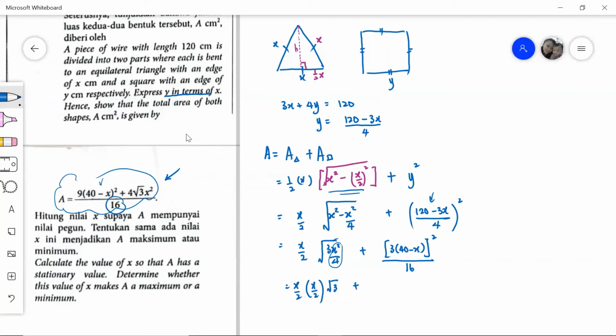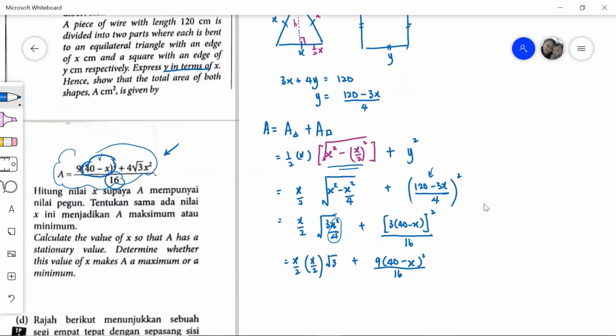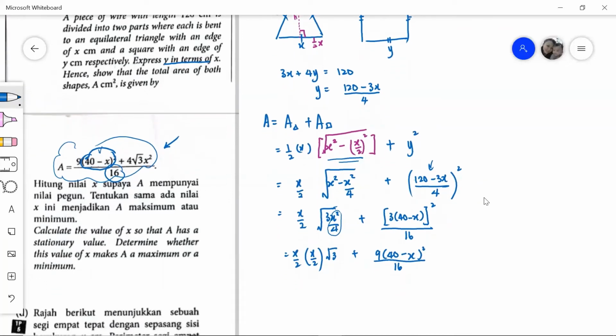So plus, and then open up the square bracket. We have 3 squared, which is 9. There's no need for us to expand this because in our final answer, I see this part, 40 minus x squared, over 16. All right, now next, we have to simplify the first term.